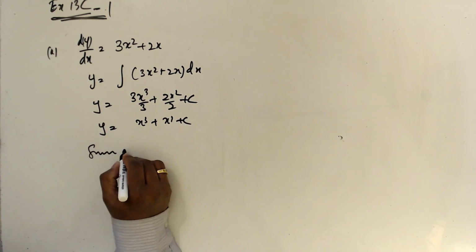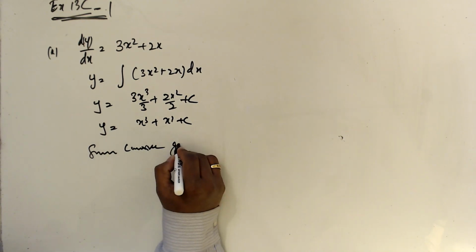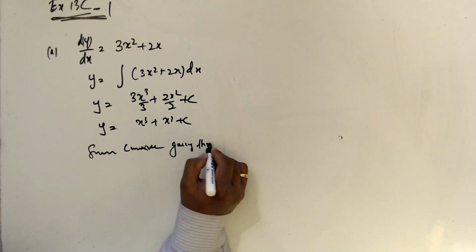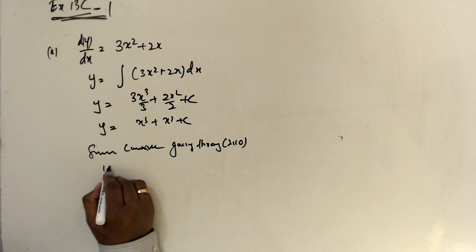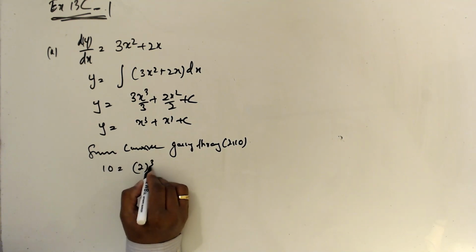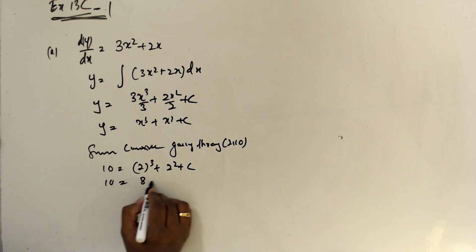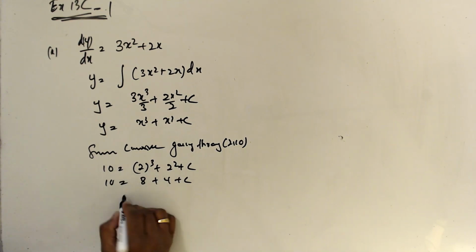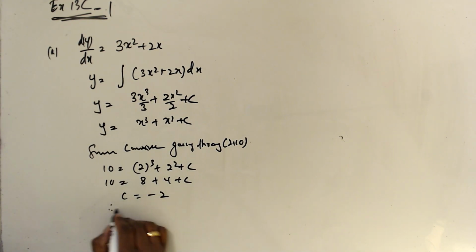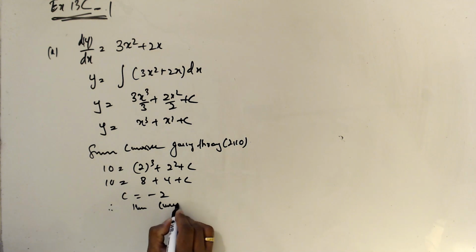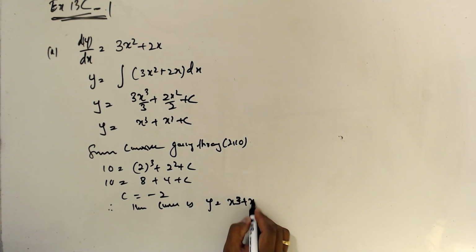Now since the curve is going through (2, 10), then 10 equals 2 cubed plus 2 squared plus c. So 10 equals 8 plus 4 plus c, c equals minus 2. So then you can substitute. Hence the curve is y equals x cubed plus x squared minus 2.